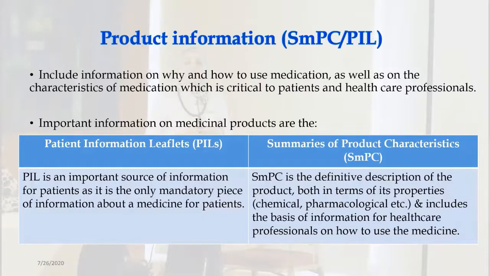The patient information leaflet is addressed to the patient, and it is included with the drug product which will be sold to the patient, while the SMPC is addressed to the healthcare professional, as it includes more detailed information related to the properties, like the chemical properties and pharmacological properties of the drug product, and basic information like the contraindications and the drug-drug interactions. So it includes more additional technical information.